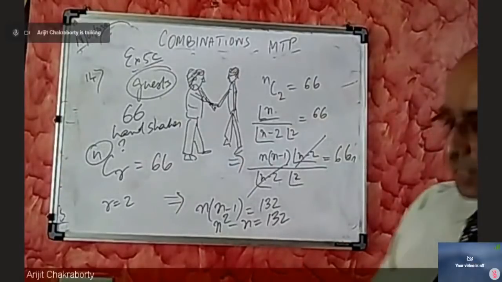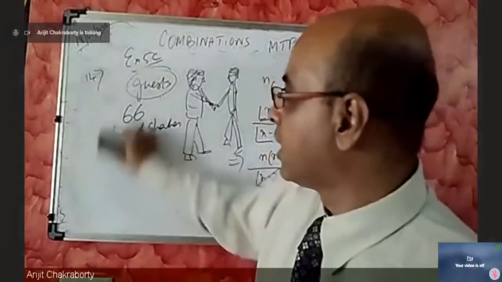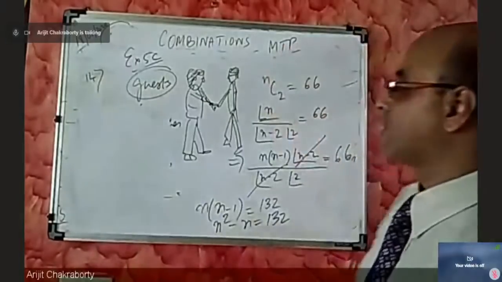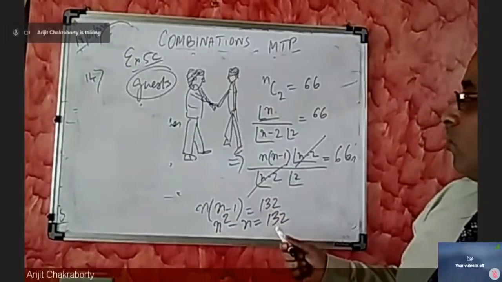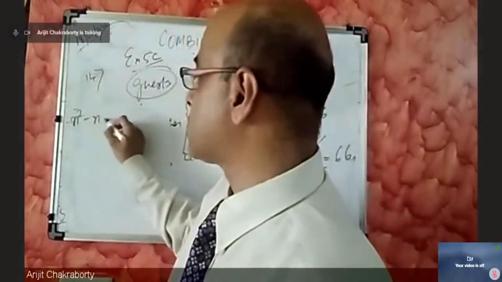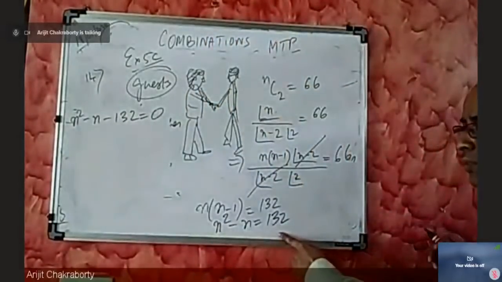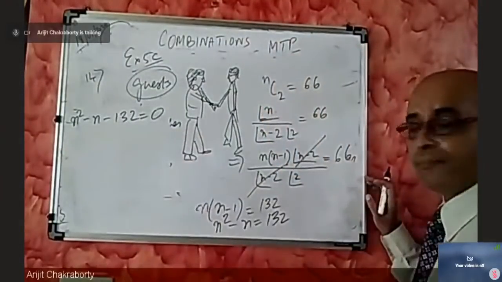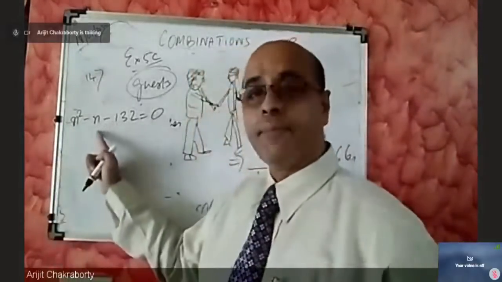So let me just complete the solution here on this side and let us understand. 66 handshakes we have analyzed and it now comes to n square minus n is 132. So n square minus n minus 132 is 0. This means again we have to split the middle term.